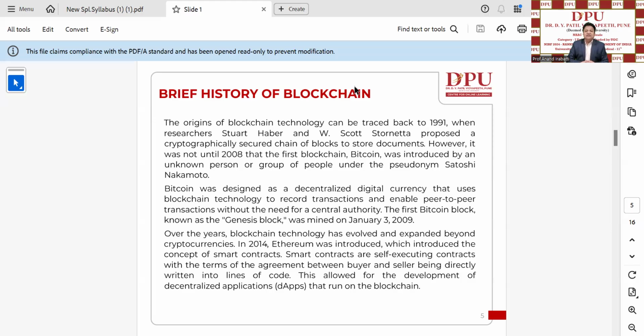That's why they are called decentralized applications, dApps, which run on the blockchain. So the invention of Ethereum was considered a milestone development in the history of blockchain technology because it introduced smart contracts, which revolutionized how the entire blockchain technology operates.